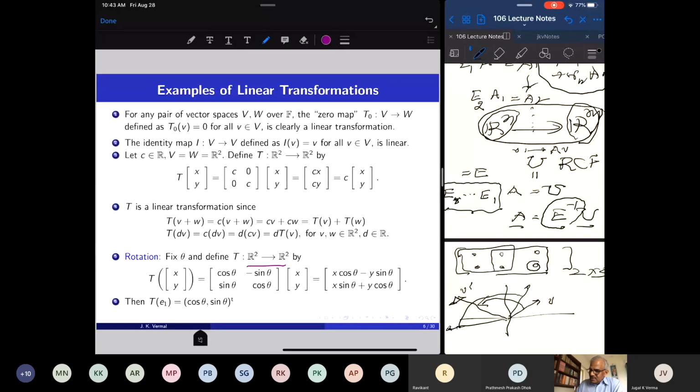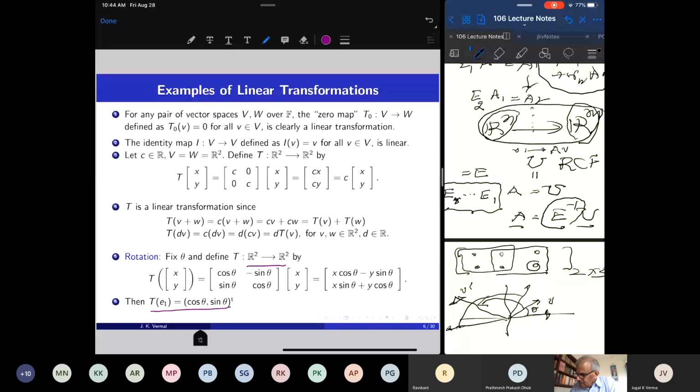So the entire plane is being rotated by a fixed angle theta in the anti-clockwise direction. You can check by Cartesian geometry that if I take the unit vector along the x-axis, then it is mapped to this. This angle is theta.